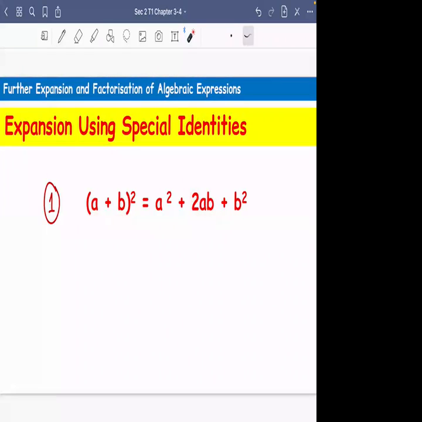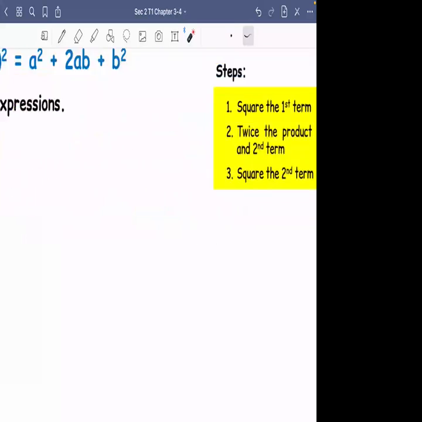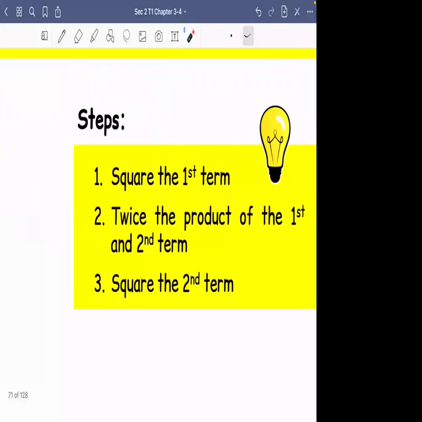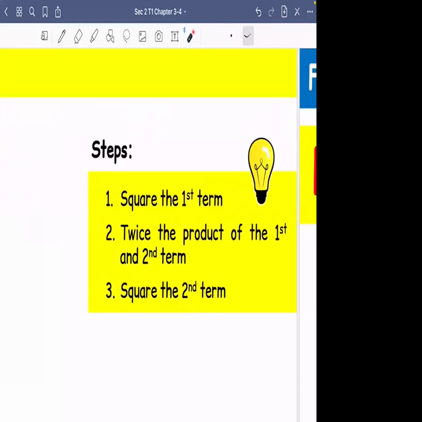Now I have here some steps. I always give this to my students. So these are the steps for the first identity that we're going to learn now. You're always given a plus b squared.